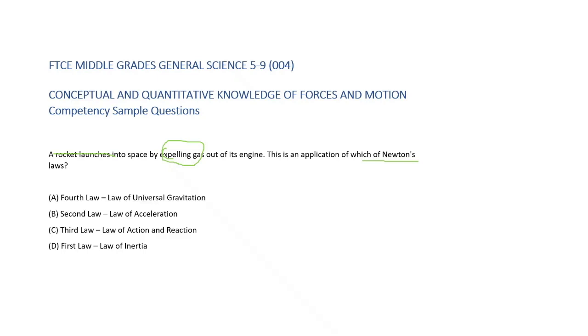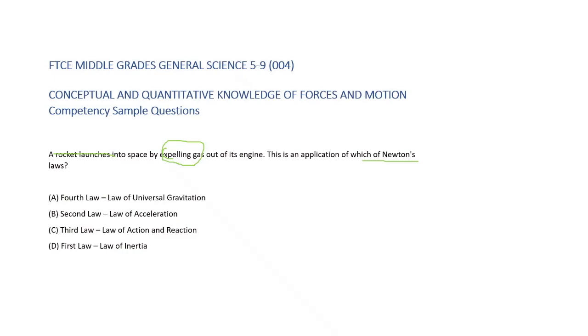This does not explain a rocket launch or expelling gas from the engine, so this is also incorrect. C, the third law, law of action and reaction. Newton's third law states that for every action, there is an equal and opposite reaction. In this case, the rocket propels gas downward, which is the action, and this results in an equal and opposite upward force that launches the rocket, which is the reaction.